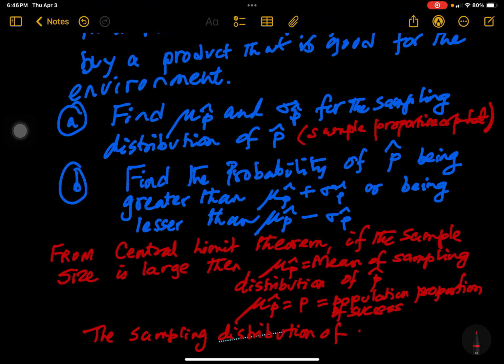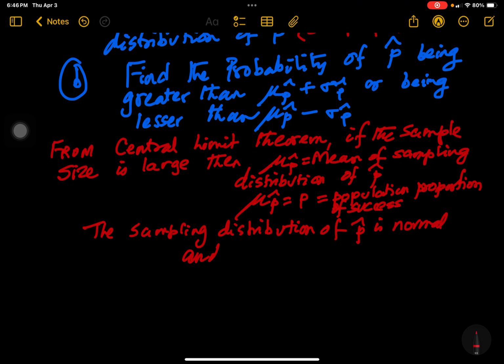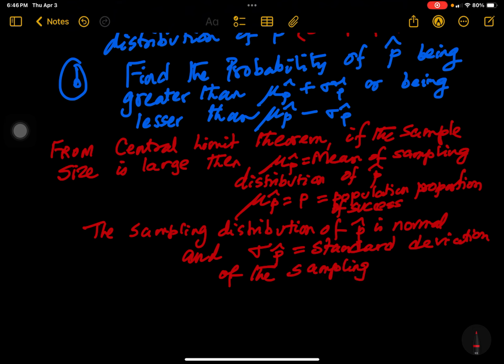The distribution of p hat is normal or bell-shaped, and sigma p hat, which is the standard deviation of the sampling distribution of p hat, is given by the square root of p times 1 minus p over n.